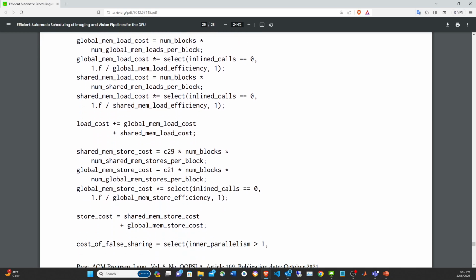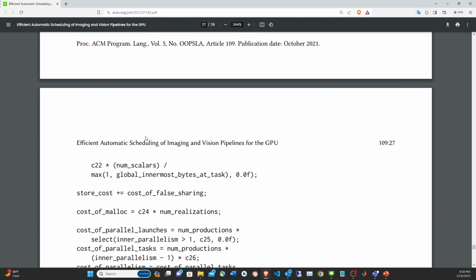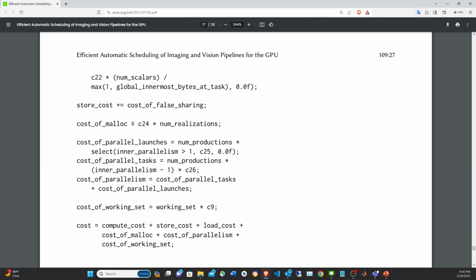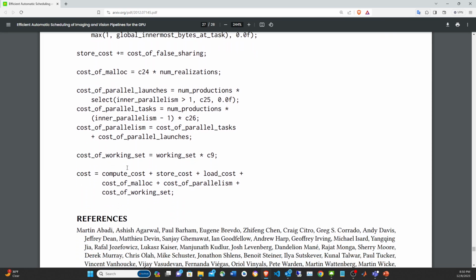You have the shared memory ones, the store cost, false sharing. So they take into account different things that include GPU information. And this is the total cost, which is the compute cost, store cost, load cost, and all of them depend on inputs that are coming from the trained neural network that is feeding this, and based on this cost, the beam search takes over.